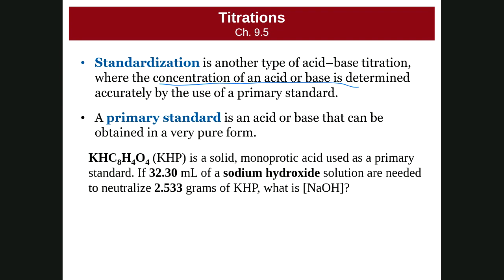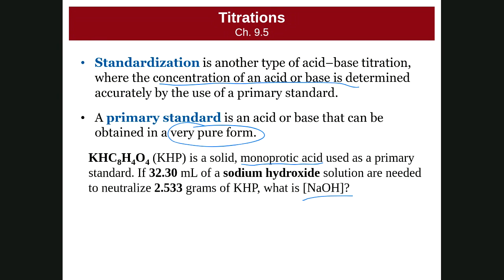A standard is some acid or base that is obtained in a pure form, such as KHP. It acts in a 1-to-1 ratio with sodium hydroxide, and it's used as a primary standard.